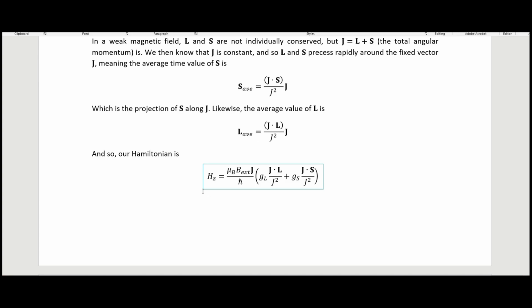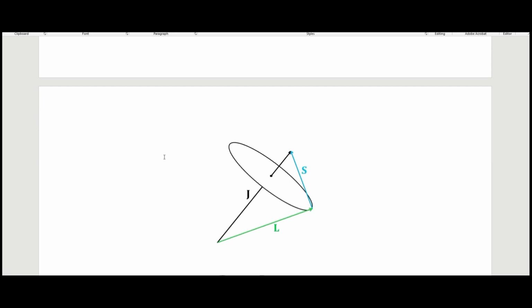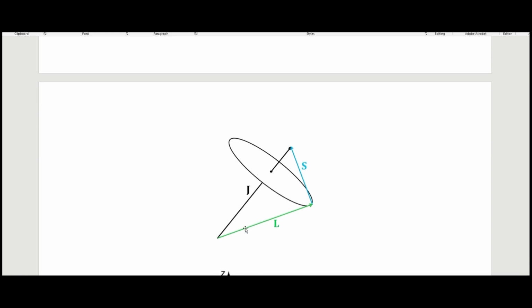We substitute those back into our Hamiltonian, and we end up with the component of L in the J direction and the component of S in the J direction. That looks like this. We have our L and our S, and those are precessing about J, and it forms this circle here.